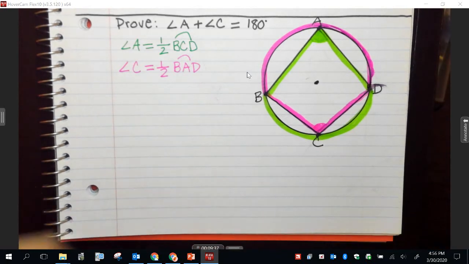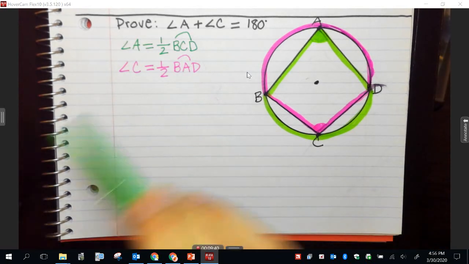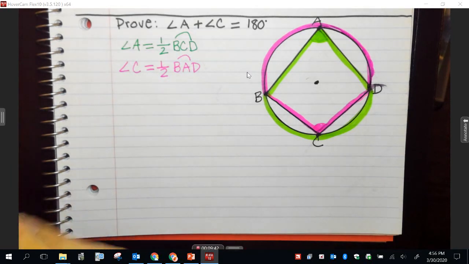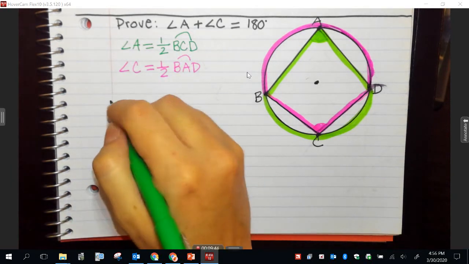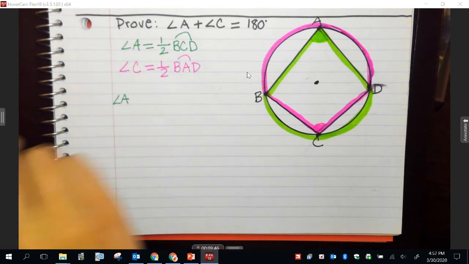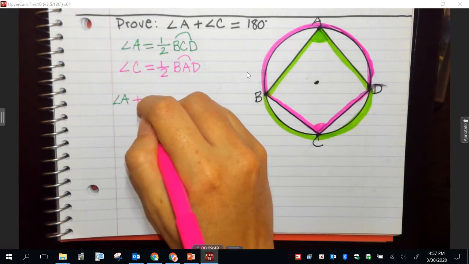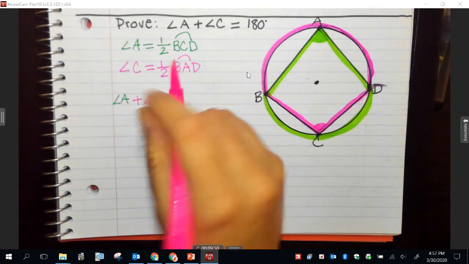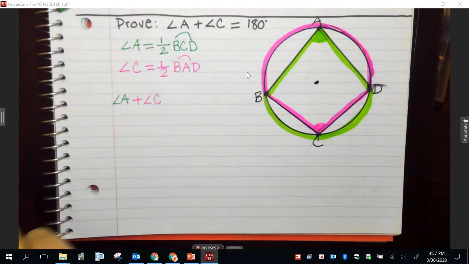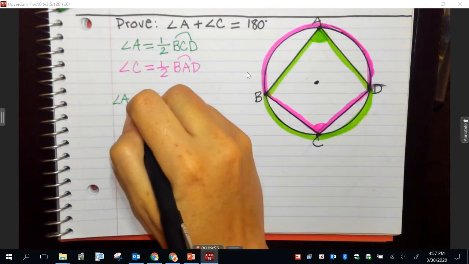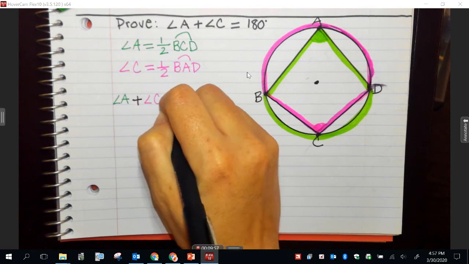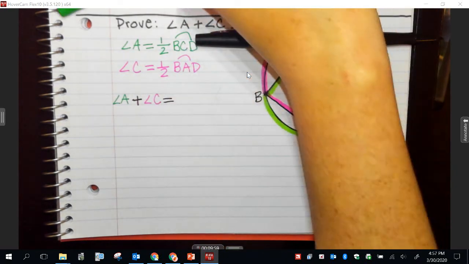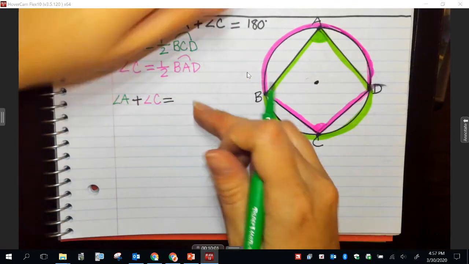All right. So if we wanted to rewrite this statement, angle A plus angle C, actually I like to do everything with organized color, so let's do that, is equal to what A and C are equal to.